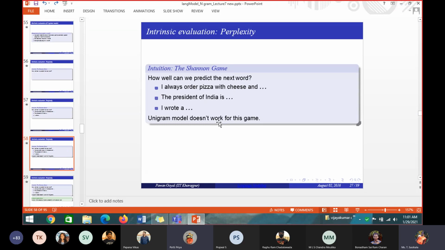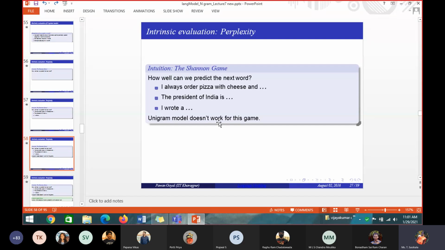It doesn't take any of the words from the context. Does a unigram model take any previous words? No, it will not take any words from the context. That's why they told us the unigram model does not work for the Shannon game method, because the unigram method does not use the context at all. So it is not good for this task.